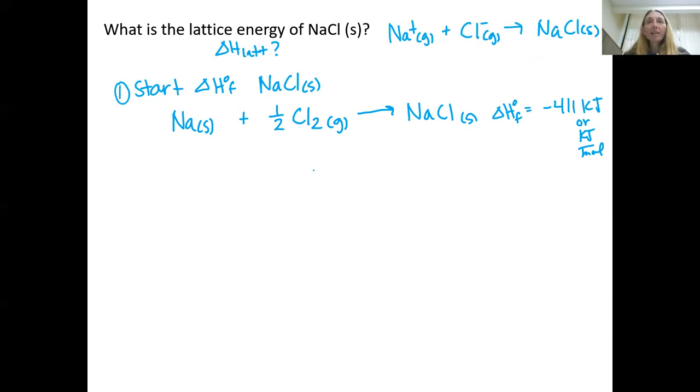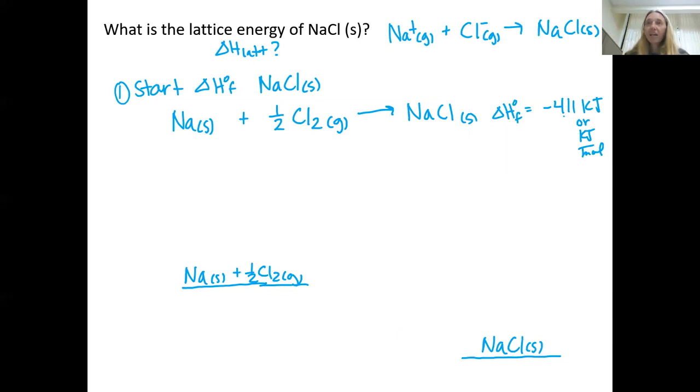And so when I start writing this, I'm going to start here. I'm going to draw a diagram where I have sodium solid plus my 1/2 chlorine gas. And it's going to go through some process, and we're going to end with our products here, which is sodium chloride solid.